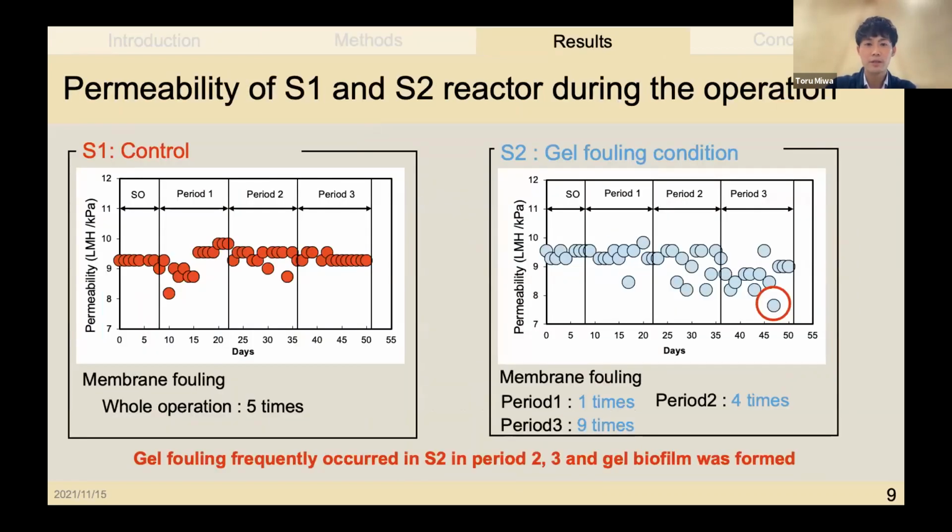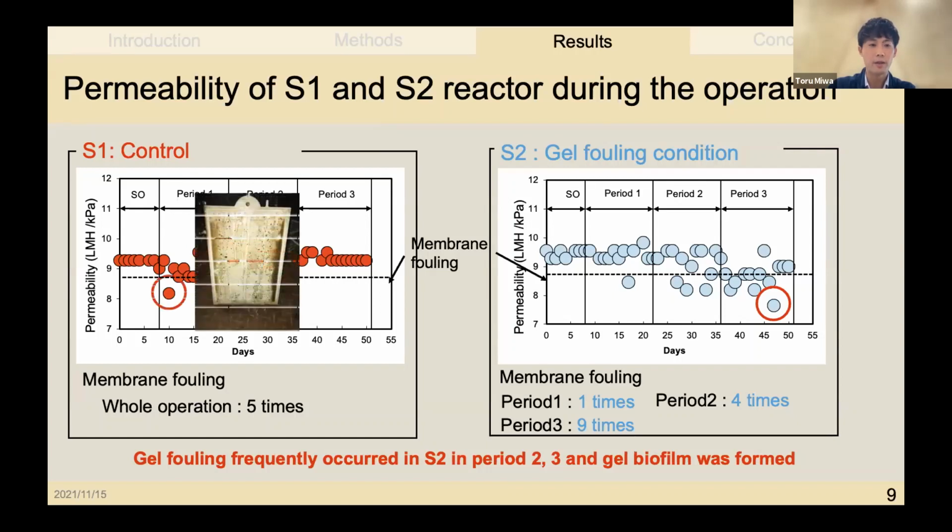So this is the result. At first, I'd like to show you the permeability of the S1 and S2 reactors. In the S1 reactor, membrane permeability was almost stable, and membrane fouling occurred 5 times through the full operation. A cake layer was formed on the membrane, as shown in this figure.